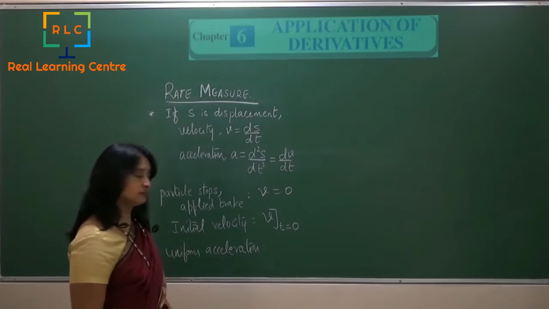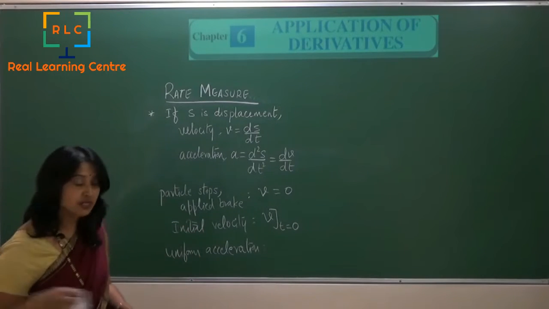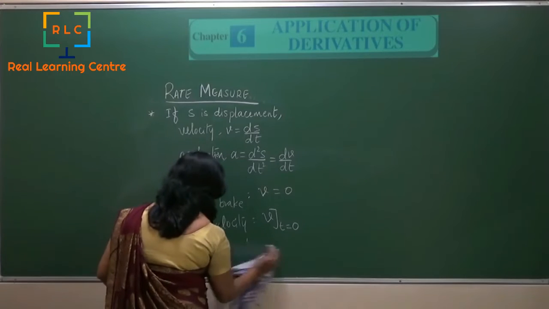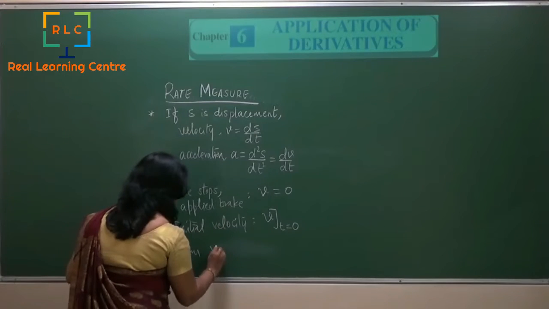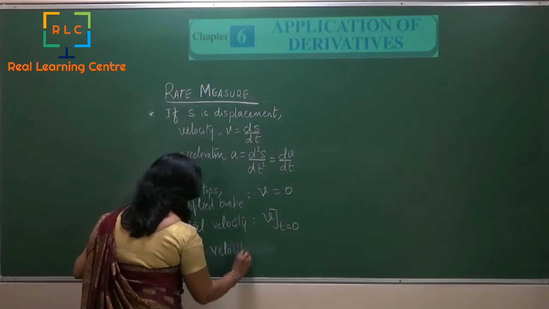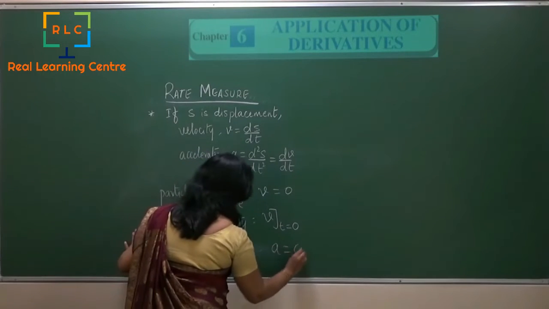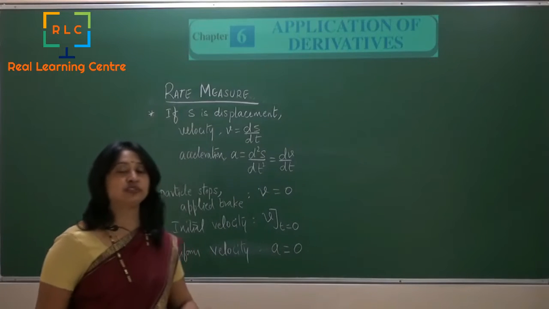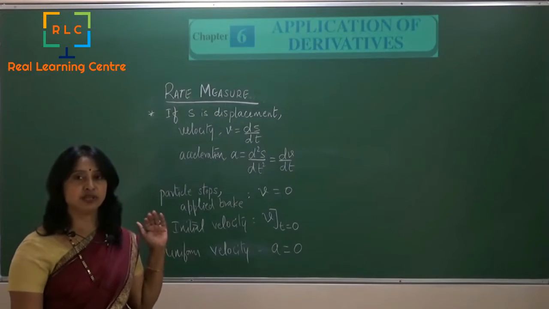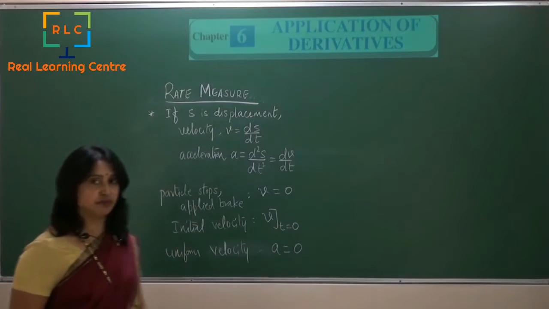Oh, I should not say uniform acceleration, children. I should be telling what? Uniform velocity, right? The velocity has to be the same thing. Acceleration should not be there. Oh, I made a mistake. So uniform velocity means there should be no acceleration. So a is equal to 0. You should not give the accelerator at all. If you don't use the accelerator, the velocity of the vehicle will be consistently the same.